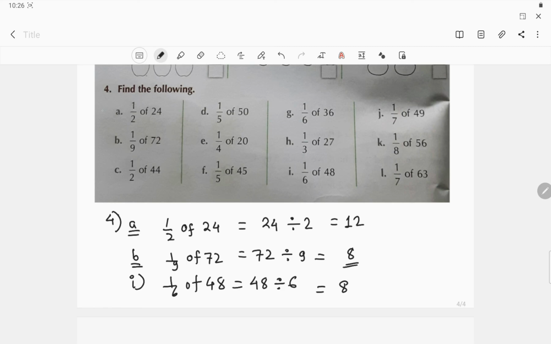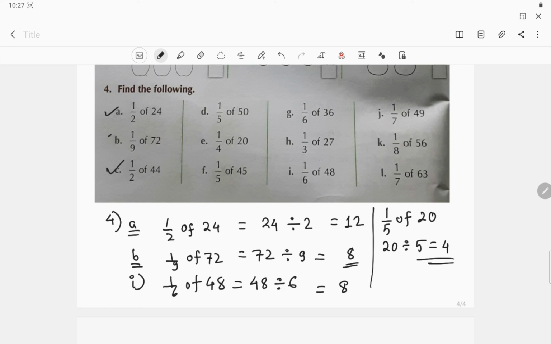The rest of the parts are your task, please do it. So simply we have learned, if I ask you 1/5 of 20, you have to do 20 divided by 5. That means you will get 4. So this is your answer.